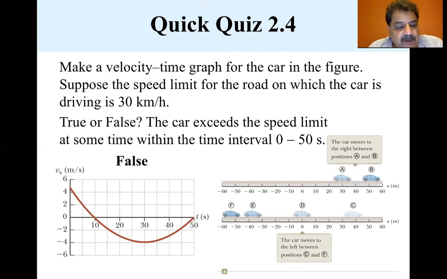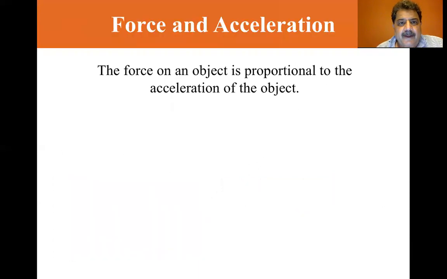We are still discussing acceleration. The force on an object is proportional to the acceleration of the object. We'll get into this in more detail when we get to Newton's laws of motion. For straight line motion, the direction of velocity of an object and the direction of the acceleration are related.